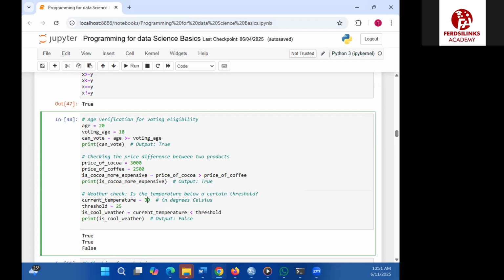So, a quick exercise. Assume that you are an admission officer at the University of Buea. The condition for admission is that the person must pay fees. That's the condition.